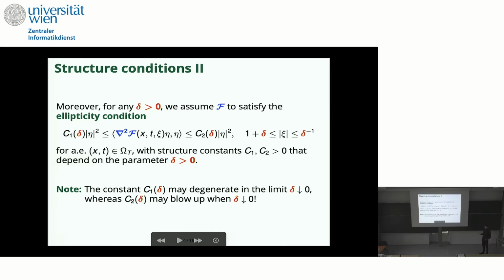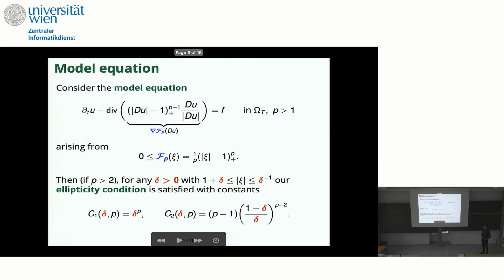So either we have a problem basically at the unit sphere or for large gradient values. Okay, note that we could allow any radius for the ball. For simplicity, let's consider the unit ball. And this large set of degeneracy will, as we will see in a second, have an impact on the regularity of solutions.